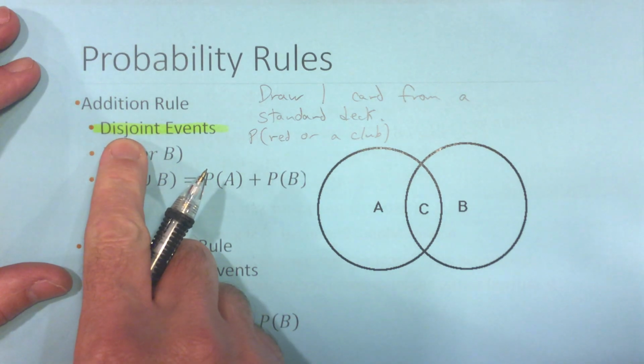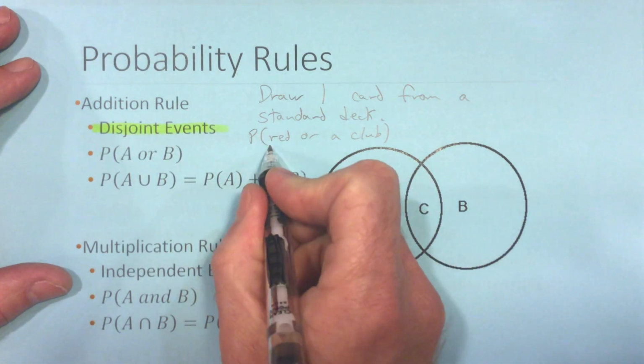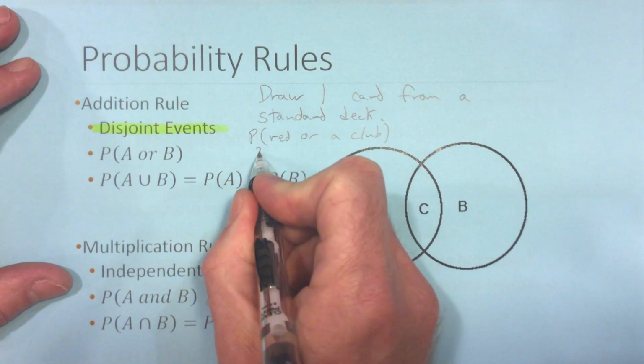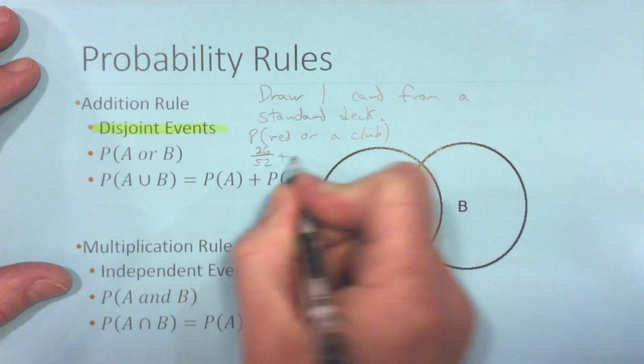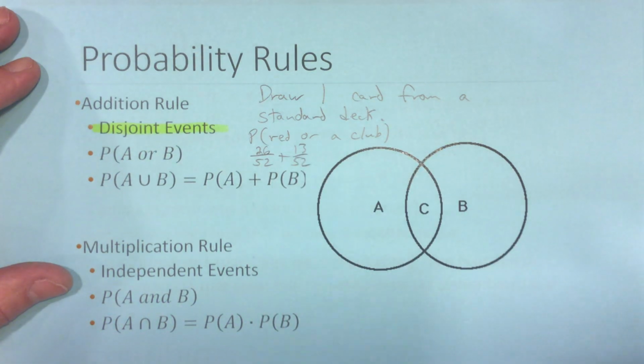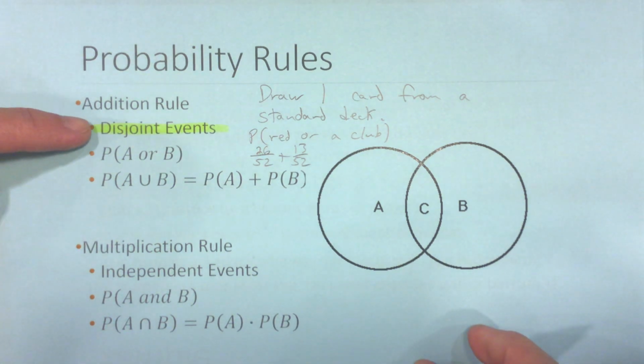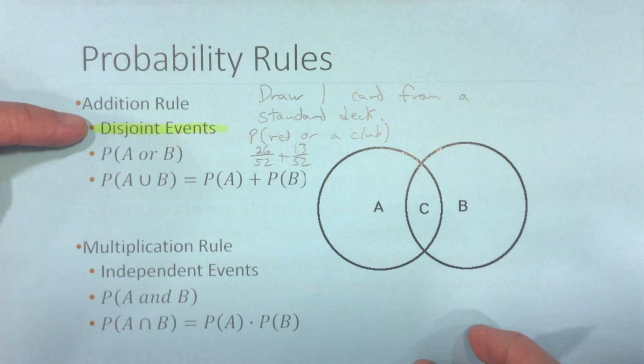There's no overlap. They cannot occur at the same time. So to do this, I could simply take the probability of red, which is 26 out of 52, plus the probability of getting a club, 13 out of 52. And there you go. That's using my rule for disjoint events. But you might remember last time I said, red or a jack. Now this doesn't work anymore because you'll be double counting the red jacks. So please pay attention if you have disjoint events versus joint events.